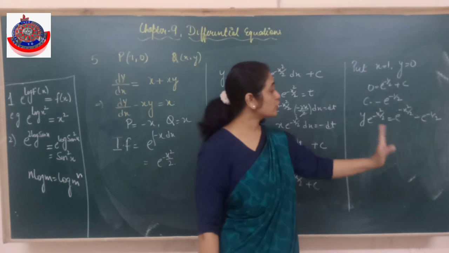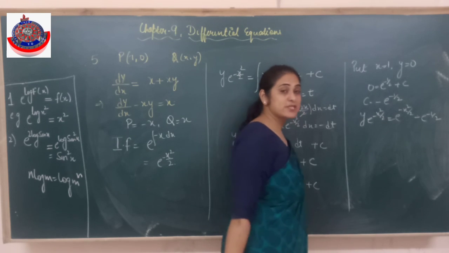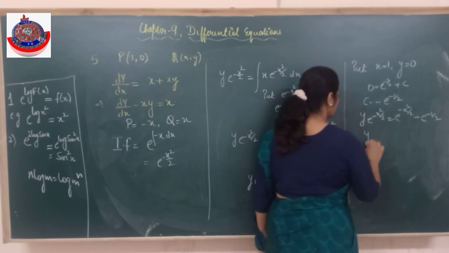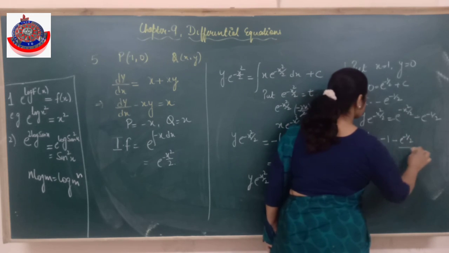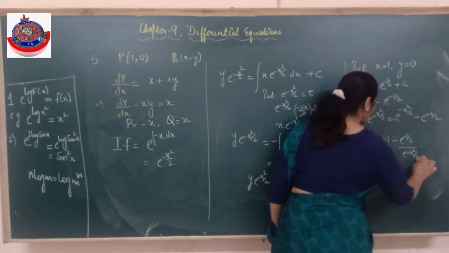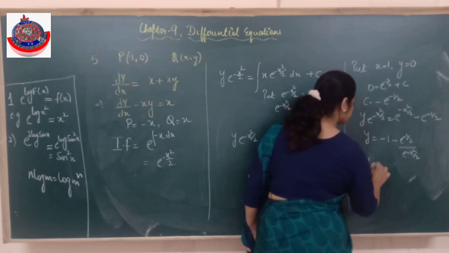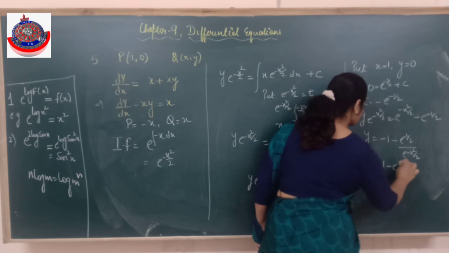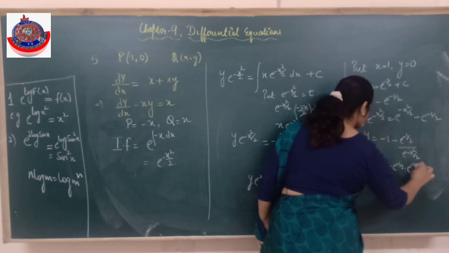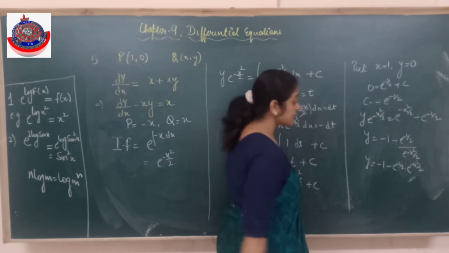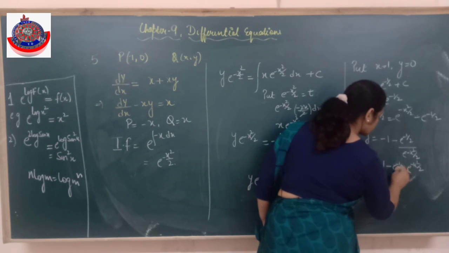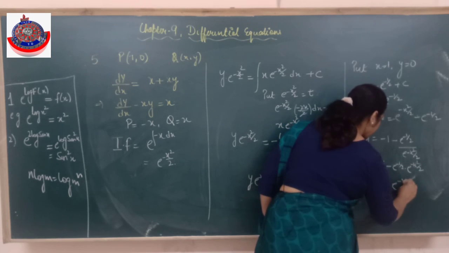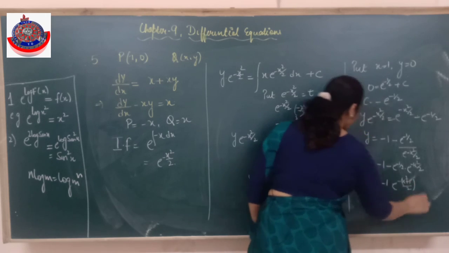I want y is equals to something, so we divide by this e raised to power minus x square by 2. When I divide, it will come 1. When it will go up, when bases are same, powers can be added. Is it clear?